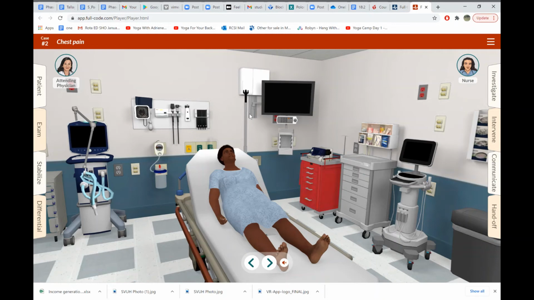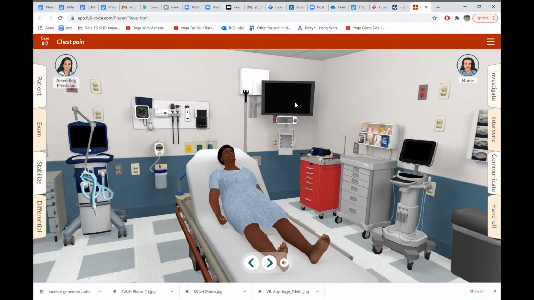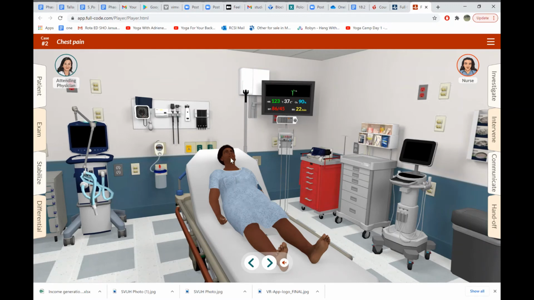So then other things we can click on, nothing here. It's the same again, and then this is for the monitor and the ECG, so we can attach the monitor. So of note, now this is quite nice. I think this is a good feature to just get all the vital signs up on the screen beside the patient, or their most recent ones maybe.